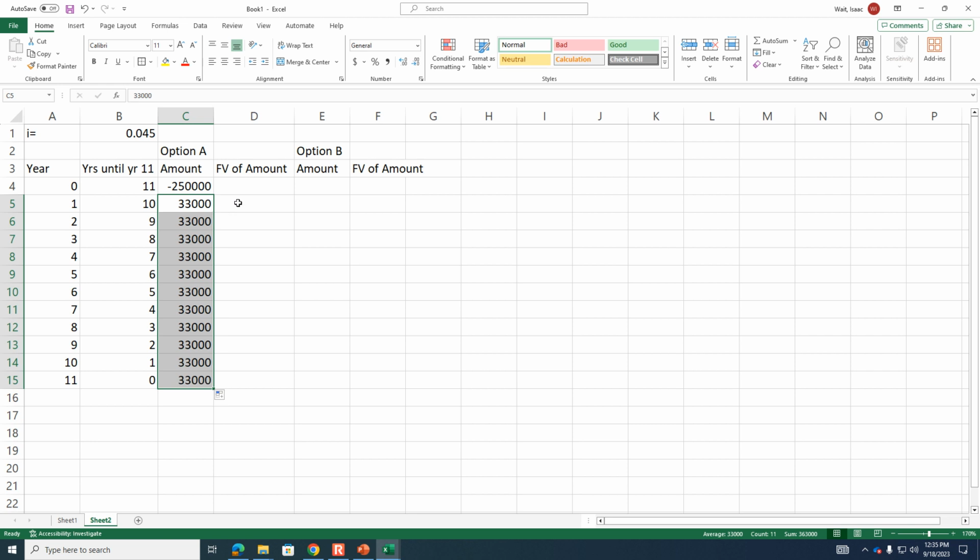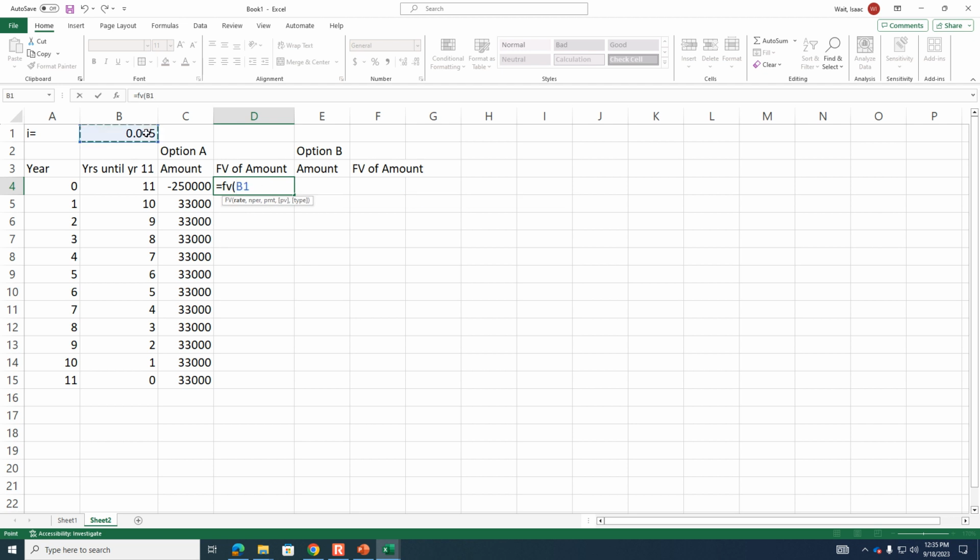If we want to find the future value of each of these, use the future value function for 4.5% interest. The NPER is the reverse time column, which tells us how many years in the future it needs to be compounded. Double comma to skip over the payment, and each of these individual amounts goes into the present value field.